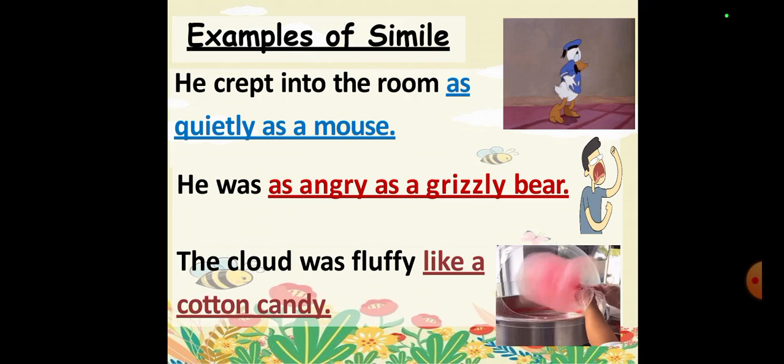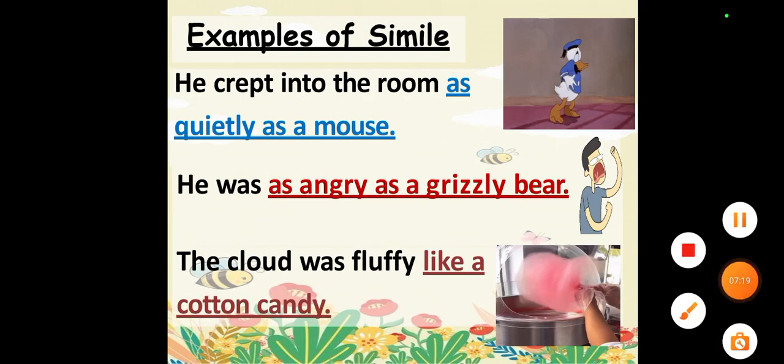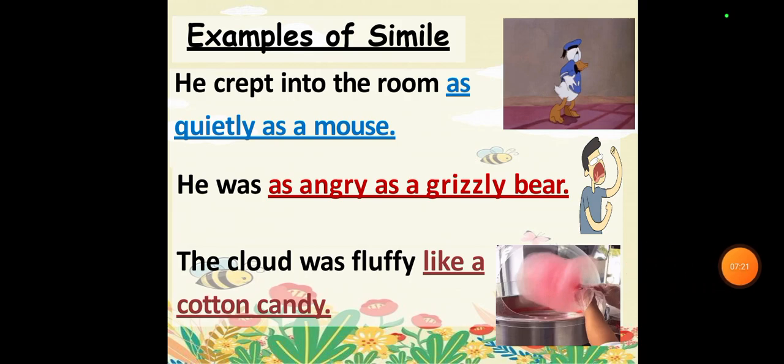They are describing two persons here, a grizzly bear and this boy. Same as a grizzly bear, this boy is shouting, very angry, you can say. So this sentence makes us feel that they are doing the same actions, behaving the same.